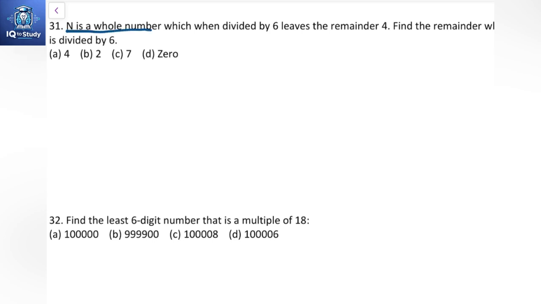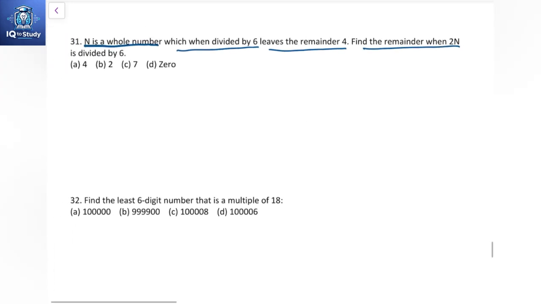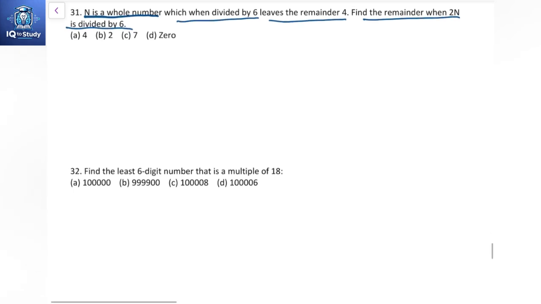N is a whole number which when divided by 6 leaves a remainder 4. Find the remainder when 2n is divided by 6. According to this, n is equal to 6a plus 4.